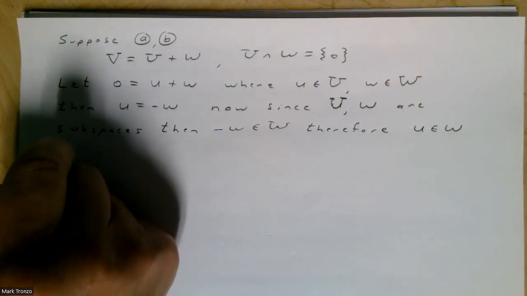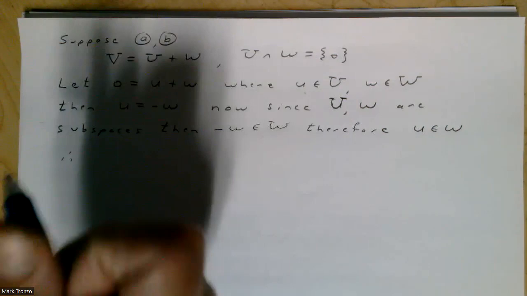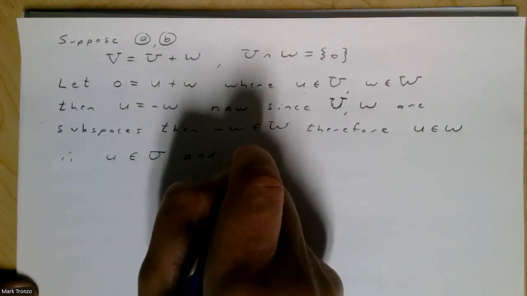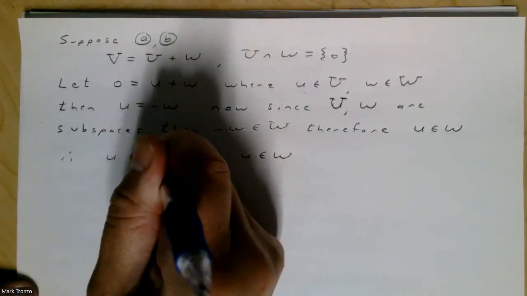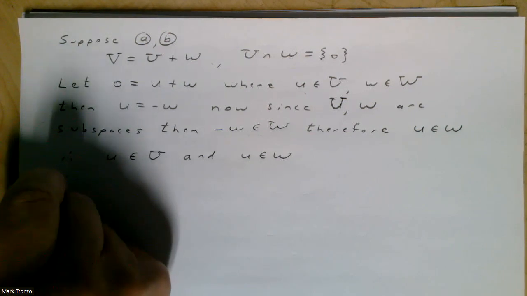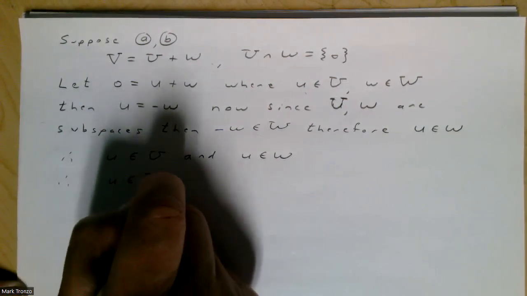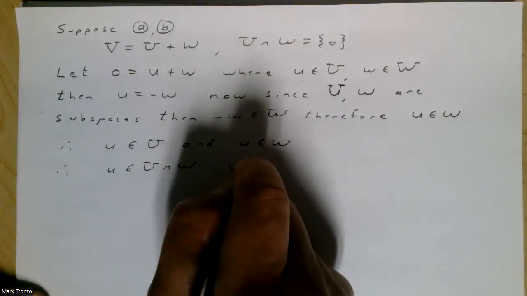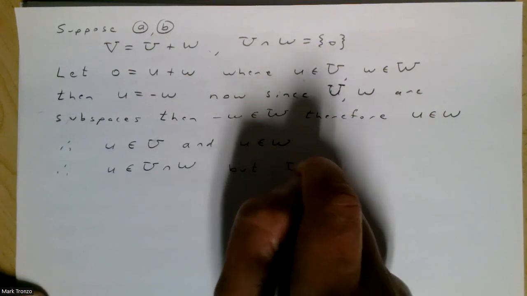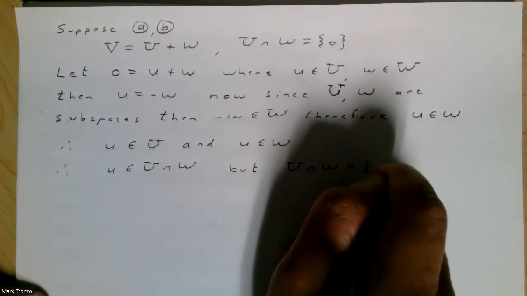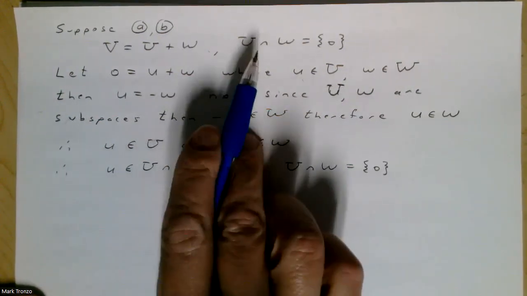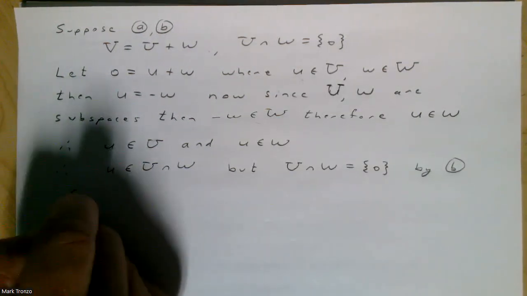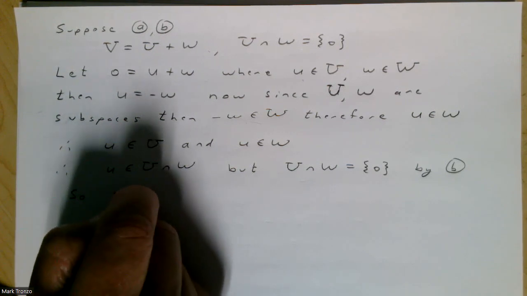So therefore, what we have here, we had u is in U, and u was in W. Therefore, u was in U intersection W, but U intersection W was 0 by part B, which we had up here. So that means that u is 0.